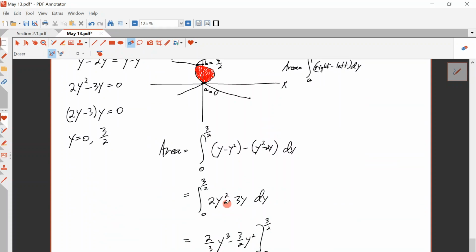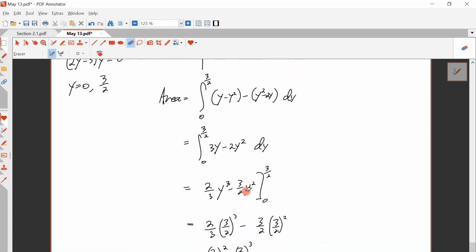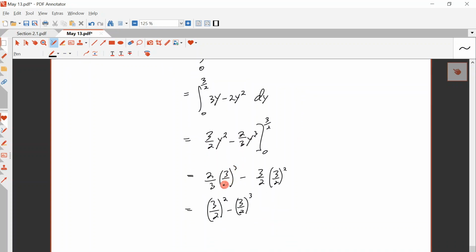So what it does is it negates this. So it's 3y minus 2y squared. So antiderivatives, 3/2 y squared minus 2/3 y to the third. So 3/2 squared, 2/3.